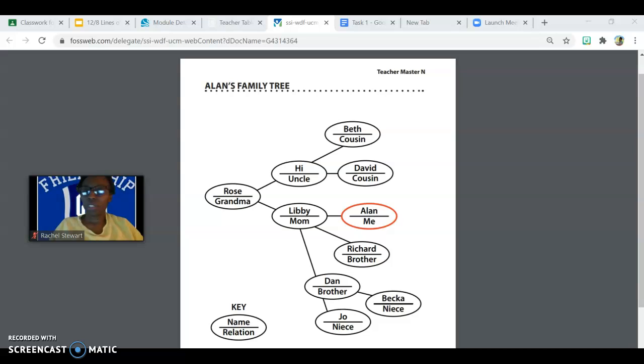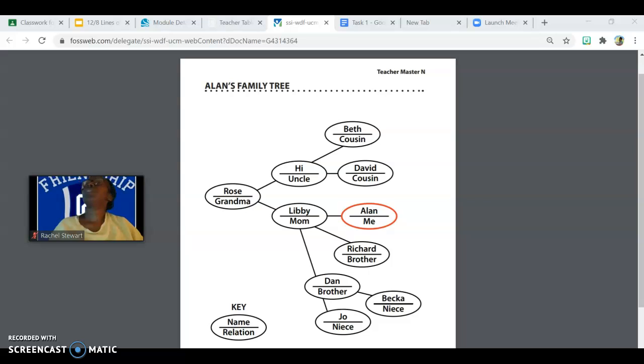Now we're going to talk about the differences between a common ancestor and a most recent common ancestor, which are two definitions that you were supposed to talk about this morning and are due now. A common ancestor is a person from the past that is related to all people or organisms in the family group. So that's like a great grandfather, okay?